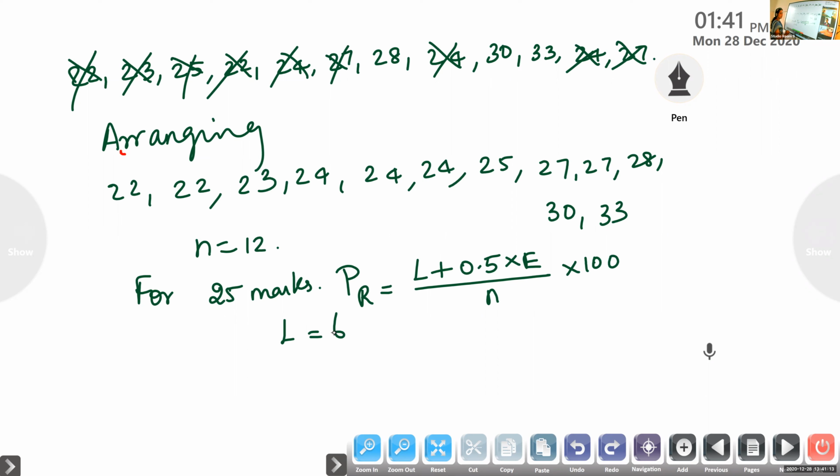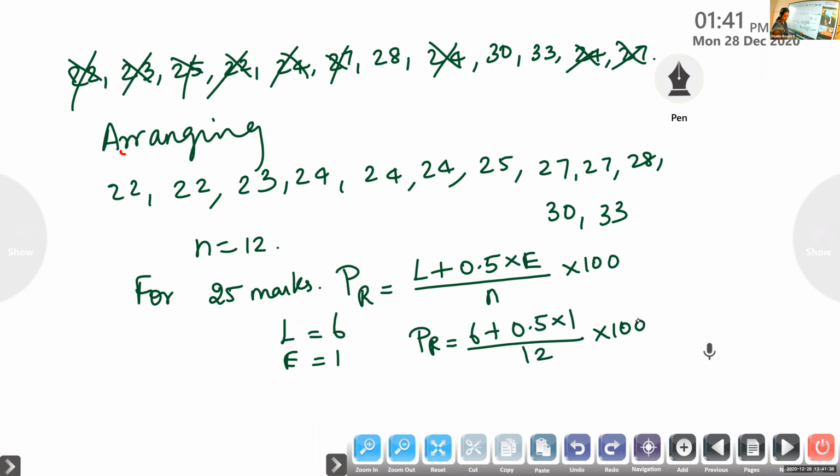What is E? Equal to 25, only one. N is given as 12. Apply in the formula: PR is equal to 6 plus 0.5 into 1 by 12 into 100. Simplify, you'll get the answer.